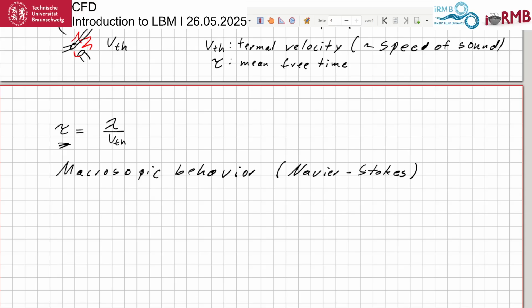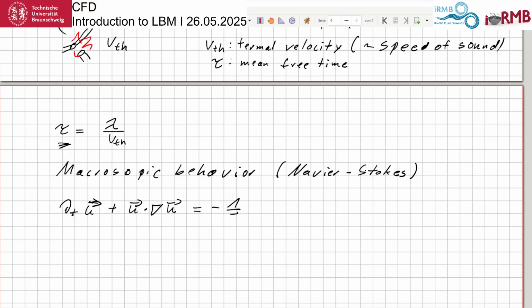Yeah? So d_t u, so the time change in the average velocity, the average between the particles. Here you get this nonlinear advection operator. It's nonlinear because it has the variable that you're looking for, u, twice in it.